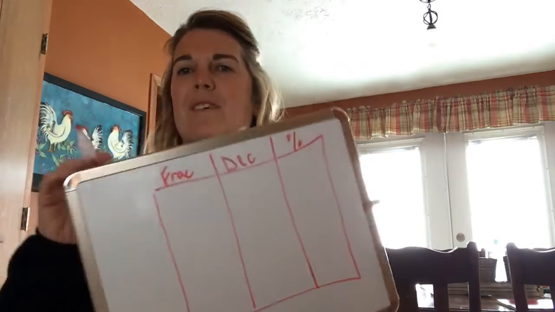And it looks something like this. And then, like in this one, they gave you the fraction, and then they have A, and they have a B, and then they have something. So they give you either the fraction or the decimal or the percent.